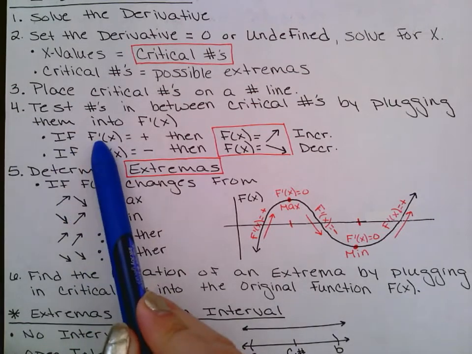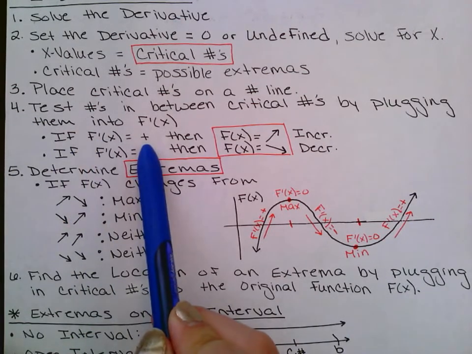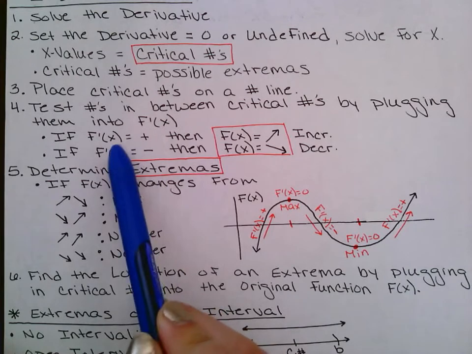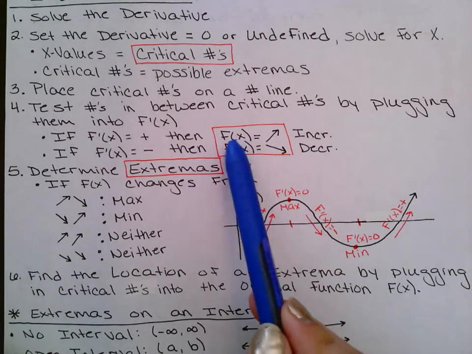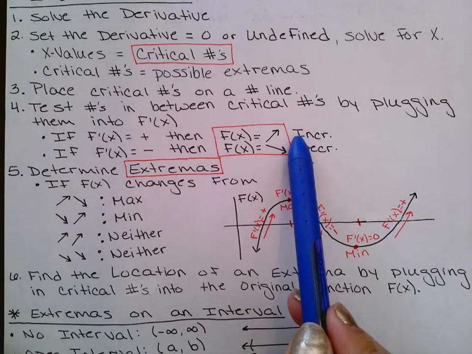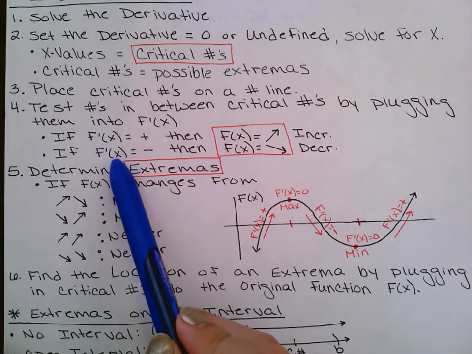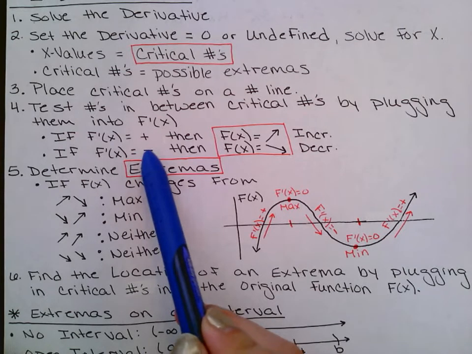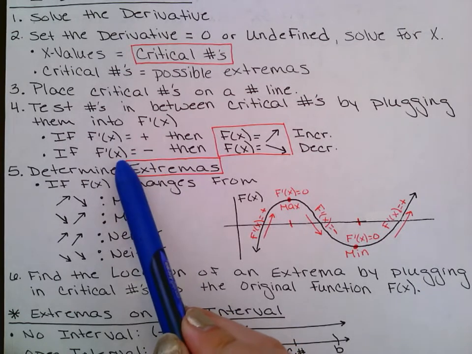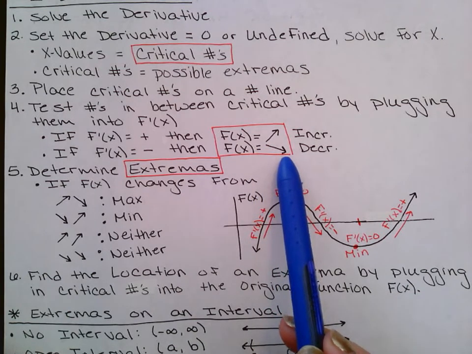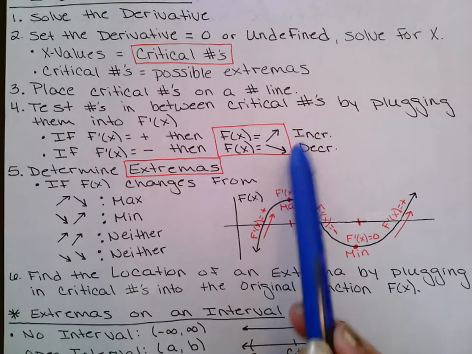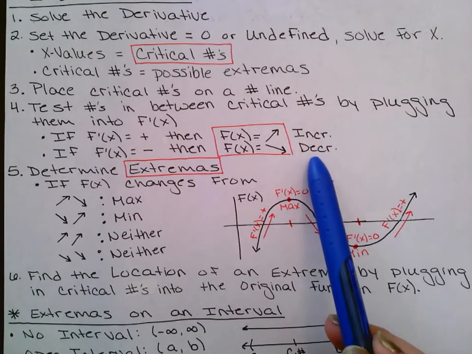If the x value that we plug into the derivative comes out positive, a positive derivative means a positive slope, which means that the actual function was increasing. If we plug in an x value into the first derivative and it comes out negative, a negative derivative, a negative slope, means that the function must have been decreasing, okay? So that's how we're going to first find increasing or decreasing.